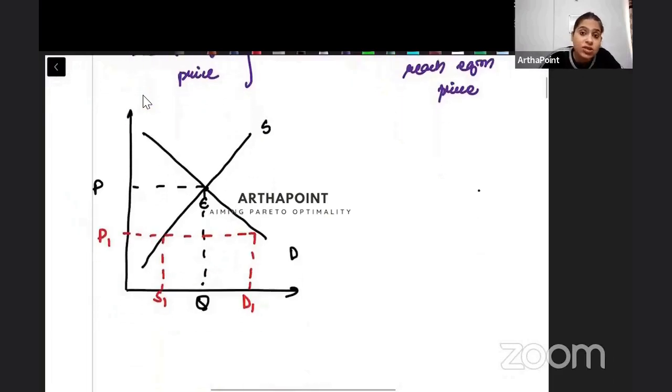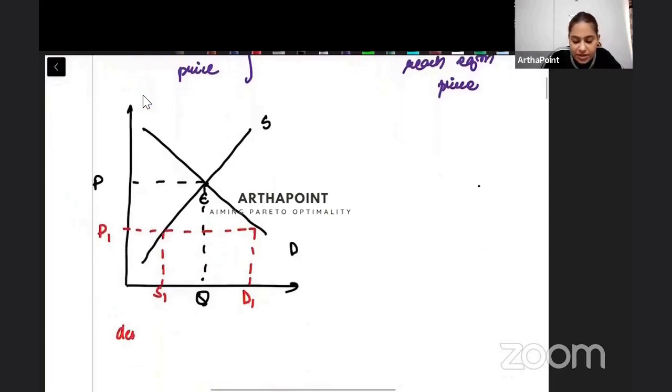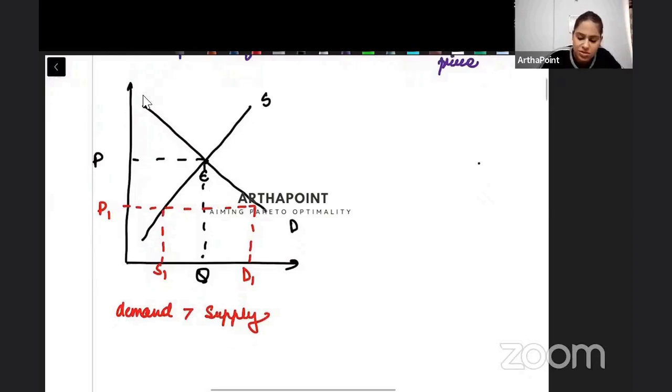So demand is more than supply. Whenever there is excess demand in the market, what is going to happen to the prices?